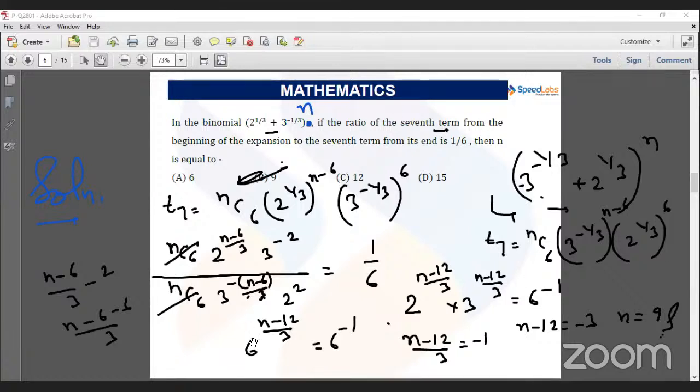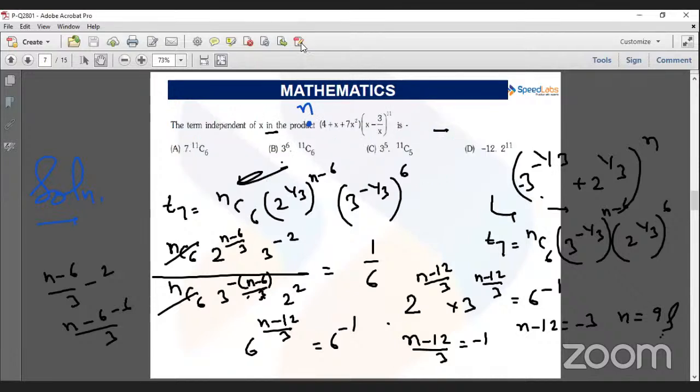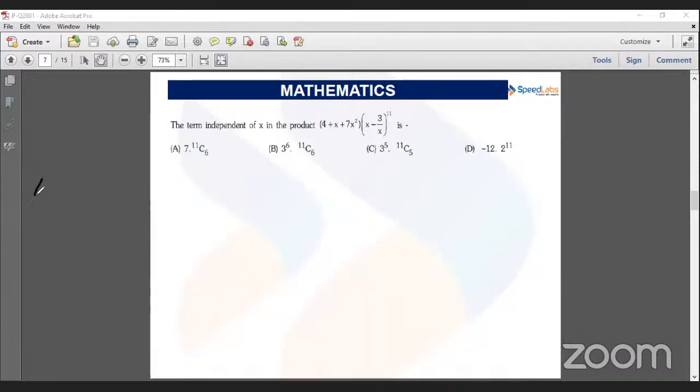Okay, next one then. The term independent of x in the product 4 plus x plus 7x square into x minus 3 by x power 11 is, how to do it?